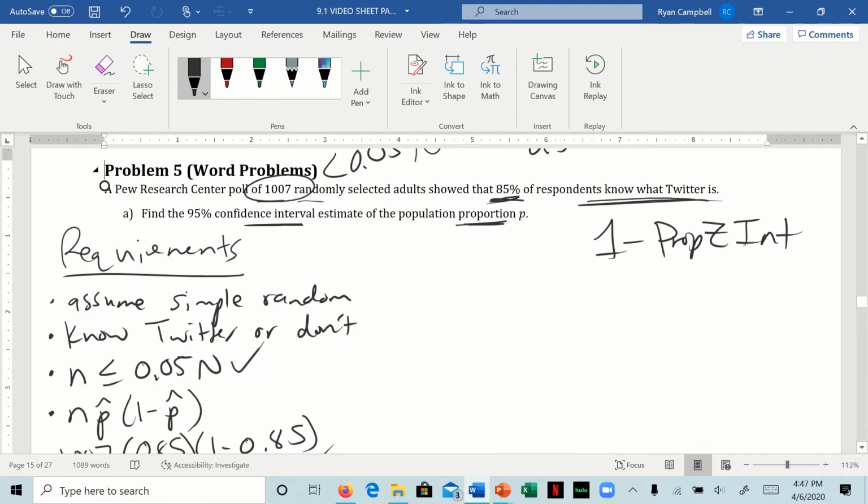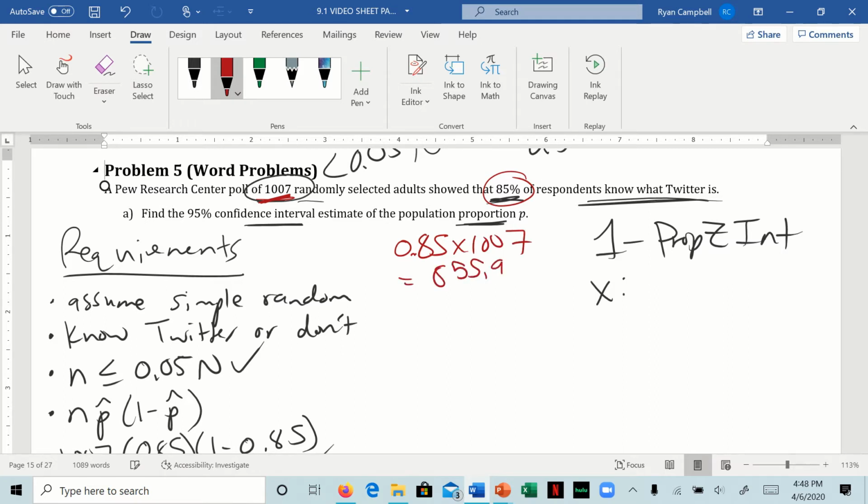So let's go back to the one-prop z-int. What is x going to be? It's not 85, because 85 is a percent, and remember, x is a number. So we need to figure out, if 85% of 1,007 responded, how many people is that? We do 0.85 times 1,007, and we get 855.95, which rounds to 856, because we need whole numbers.